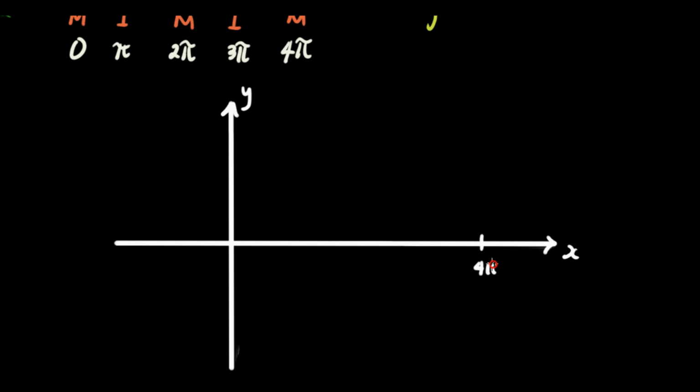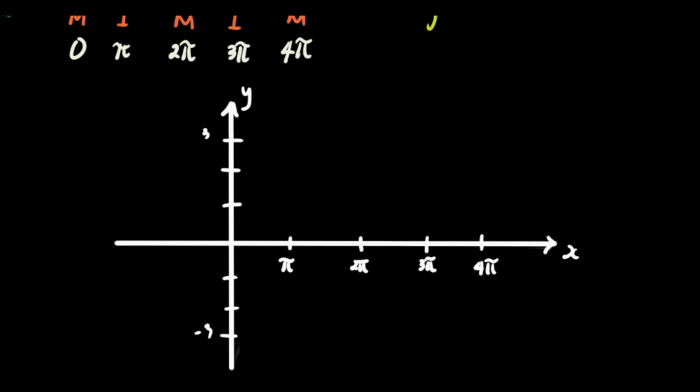This is 4 pi. And then, 2 pi sa gitna. 2 pi. And then, pi over here. And then, we have 3 pi over here. 3 pi. Ngayon, since 3 yung amplitude, gawa tayo ng calibration hanggang 3 at negative 3. So, negative 3 here. And 3 over here.